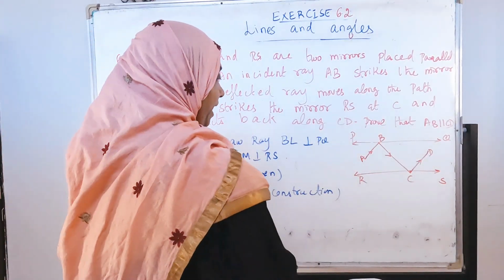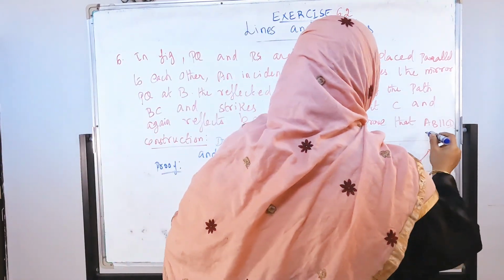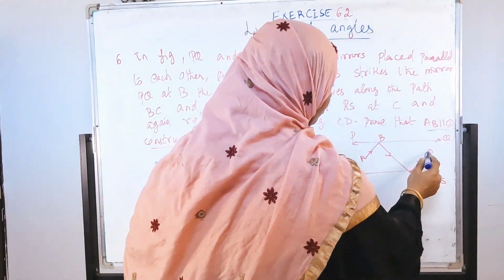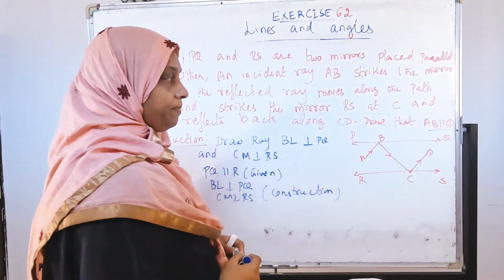We have to prove that AB is parallel to CD. These two lines we have to prove as parallel.